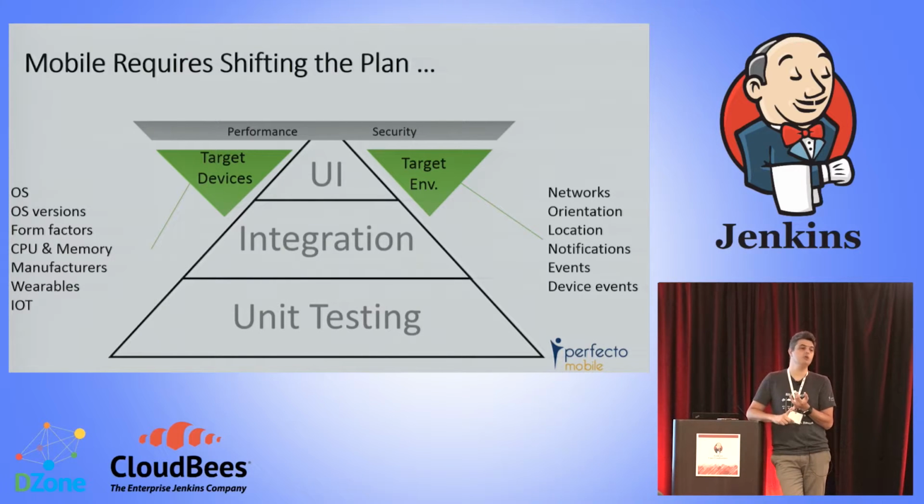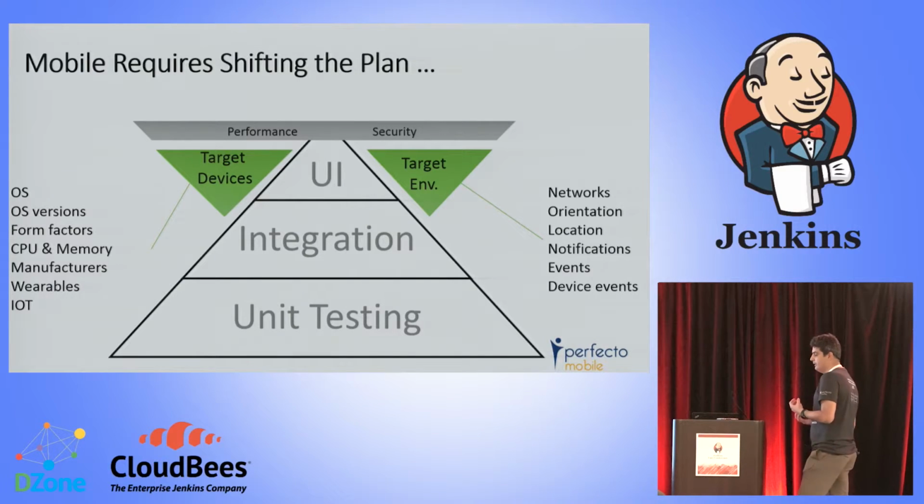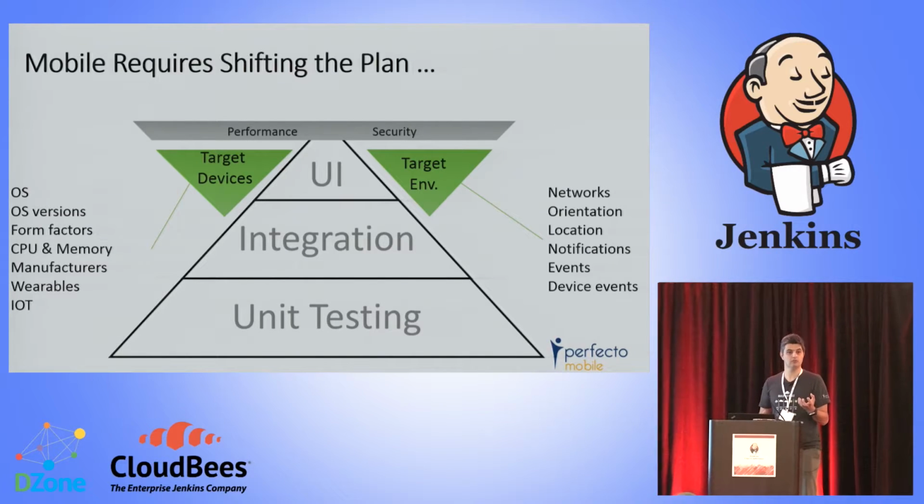So we must have more UI automation, which is really hard to achieve. And we need to have more automation that plays with the devices and can be executed on the different devices and with different parameters. Would you like to add something?